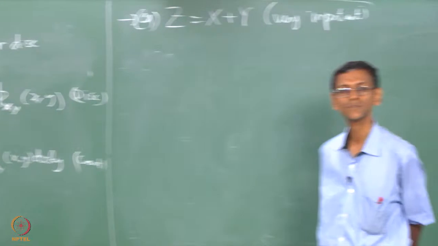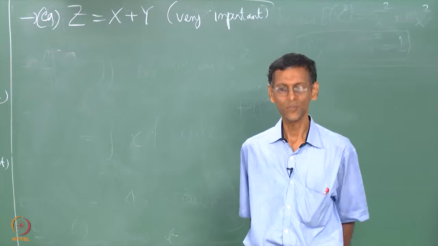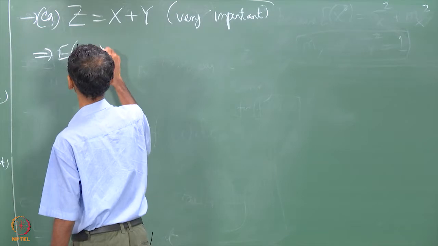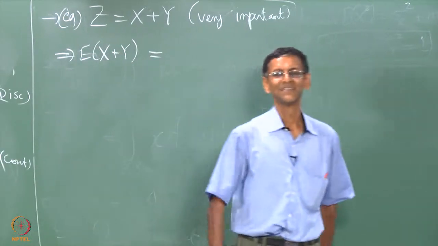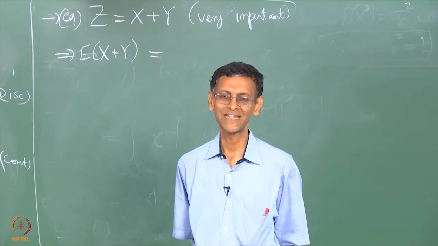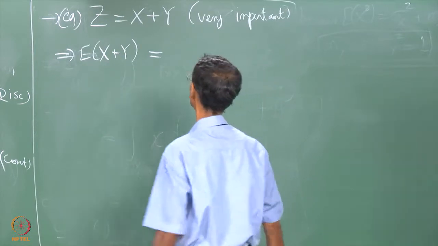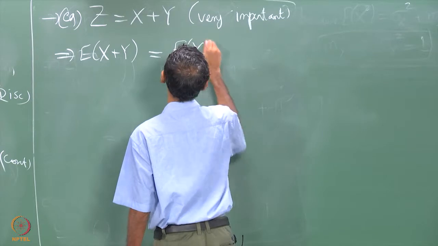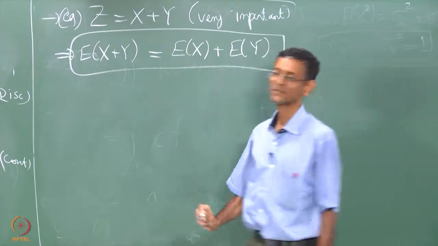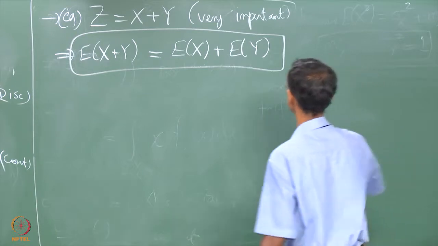What do I get? Please do it and tell me. Expectation of x plus y is E of x plus E of y. A crucial result which holds universally as long as both of these are finite.